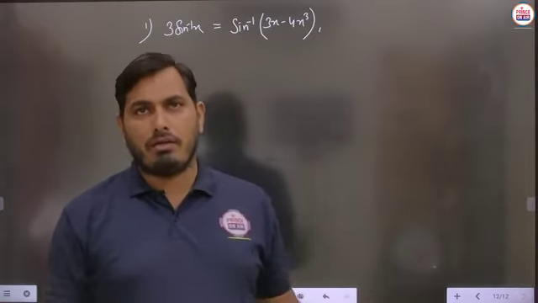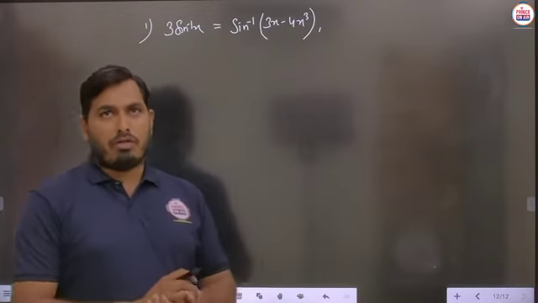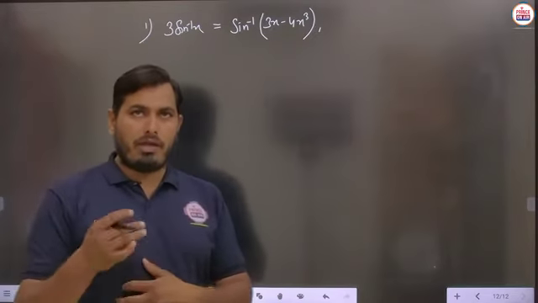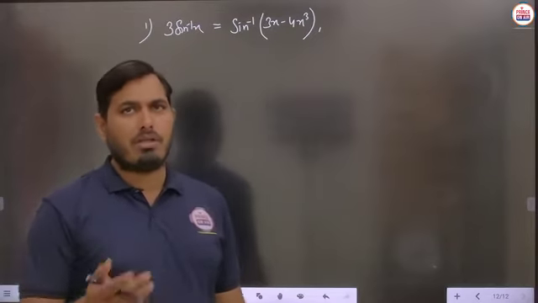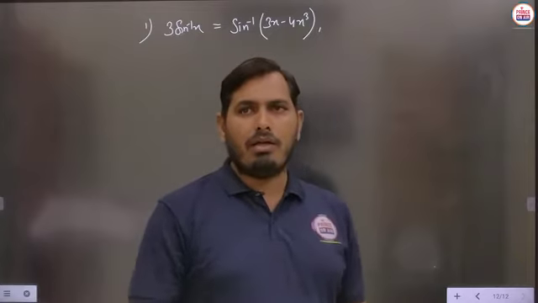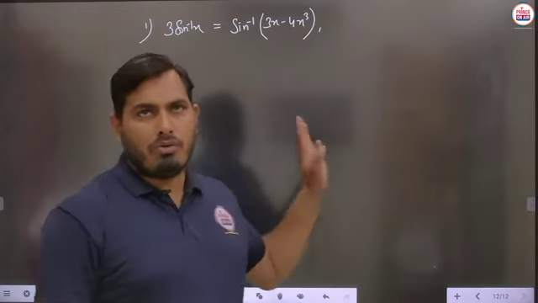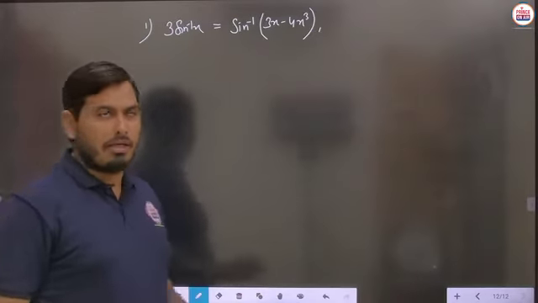So again there is a requirement to learn the formulas of trigonometry, and if you know very well the formulas of sin 3 theta, cos 3 theta and tan 3 theta, then I think there should be no problem understanding this. You can easily do the proof.